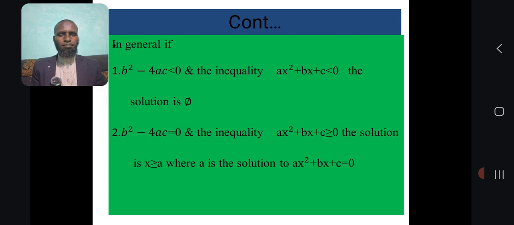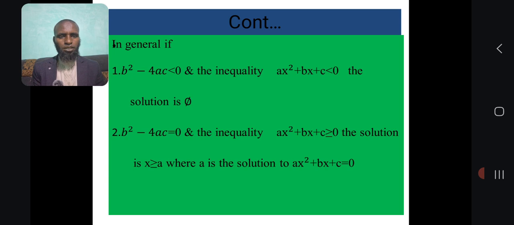In general, if b squared minus 4ac is less than 0 and the inequality is x squared plus bx plus c less than 0, the solution is empty. Second, b squared minus 4ac equals 0, the discriminant equals 0, and the inequality x squared plus bx plus c greater than or equal to 0.